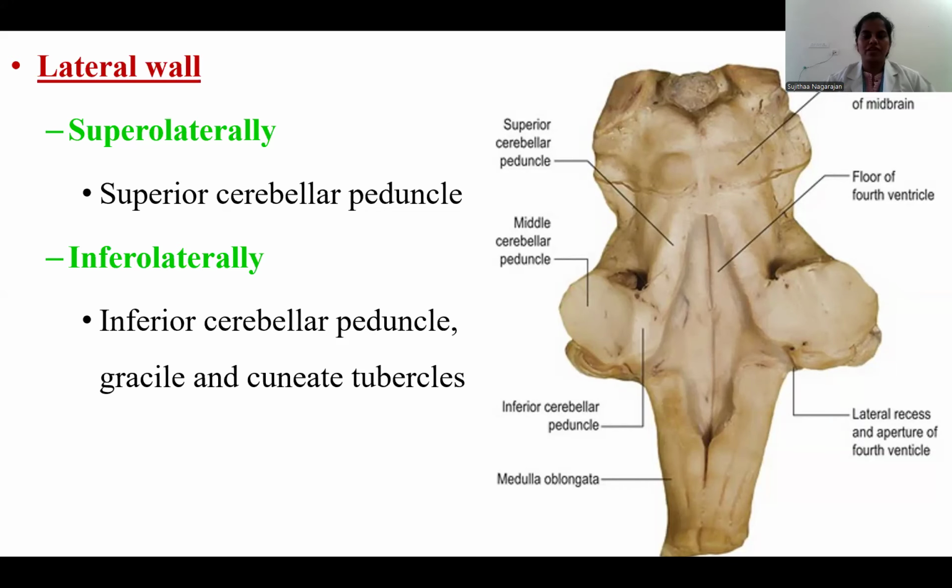In this picture, we can see the lateral wall. Superolaterally, it is formed by the superior cerebellar peduncles, which connect the midbrain and the cerebellum. Infralaterally, we have the inferior cerebellar peduncle as well as gracile and cuneate tubercles. The inferior cerebellar peduncle connects the cerebellum and the medulla oblongata.